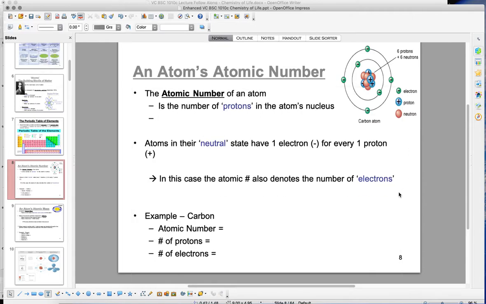It means that it's gonna obviously have to have the same plus and the same minus numbers, right? And so for example, if you're talking about an atom that is neutral and we're talking about the atomic number as the number of protons, that would have to tell you that the number of protons equals the number of electrons, because electrons are negatively charged if it's neutral, right? So in this case, it would also be the number of electrons. All right, so that is what the atomic number is.